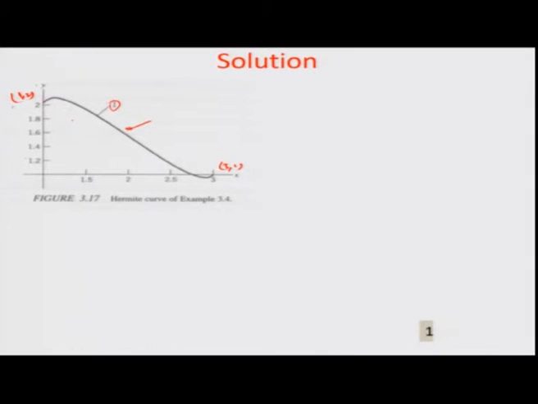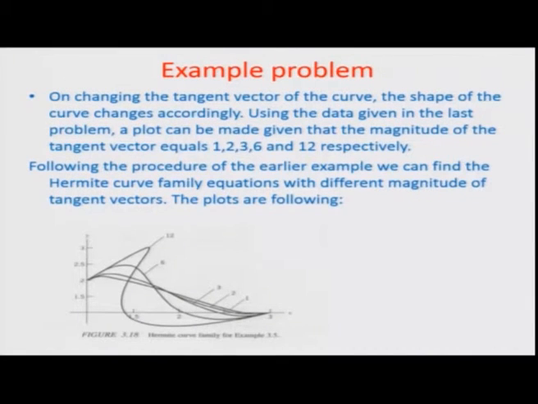What is also very interesting here is that if we wanted to vary the magnitude of the tangent vector from 1 to multiple values including 2, 3, 6 and 12, then a generation would happen of a family of curves something like this, where this is corresponding to the initial value 1 which you saw earlier, this is the curve corresponding to the value of 2, then again 3 and 6 and 12.